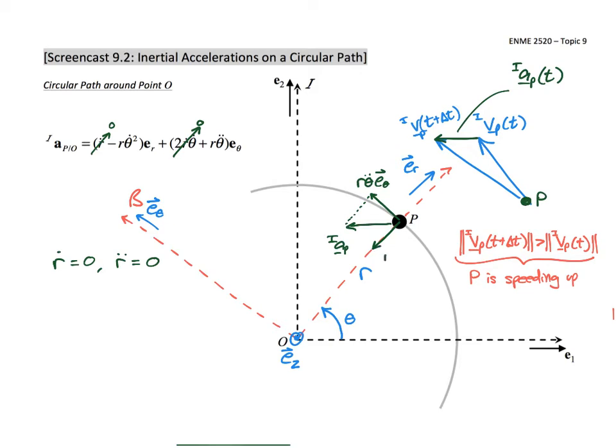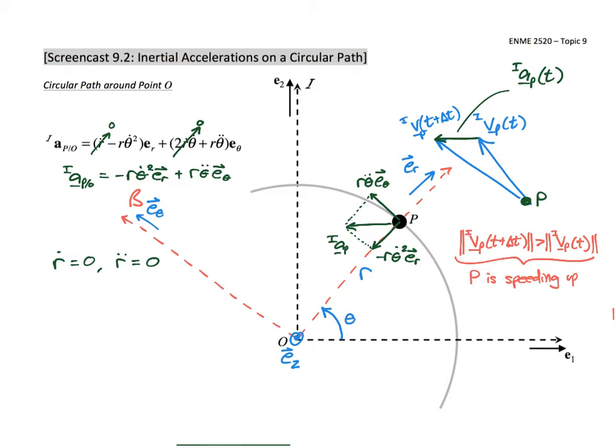So drawing this here, we have an r theta dot squared in the negative e r direction. And we see that this is the perpendicular component which creates or finishes this acceleration vector as we've drawn it before.